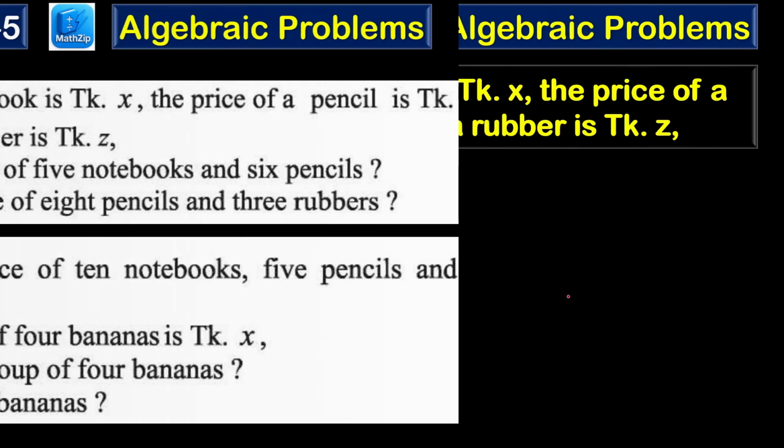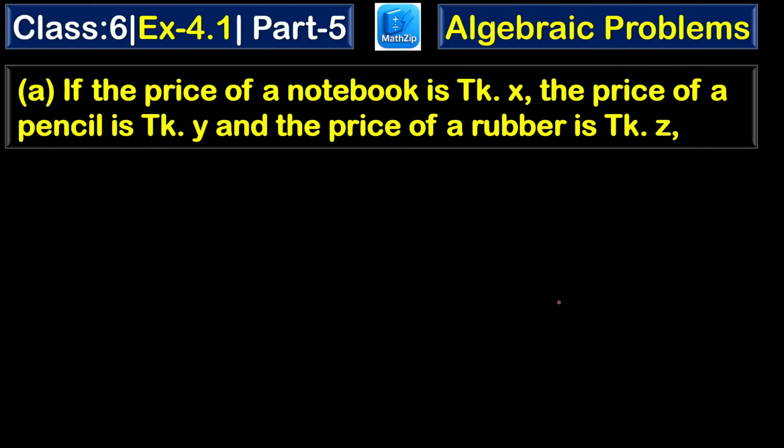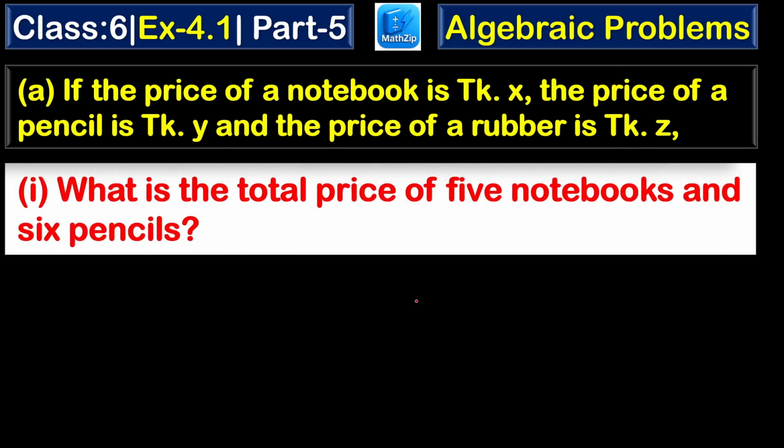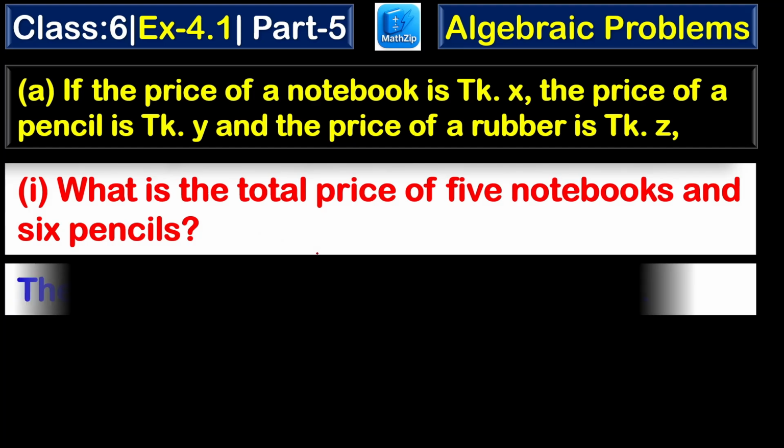Let's try step by step. To summarize, the notebook price is X taka, pencil Y taka, and rubber Z taka. What is the total price of 5 notebooks and 6 pencils?